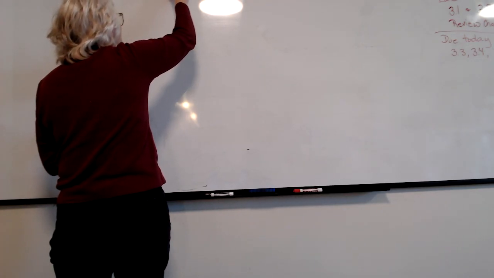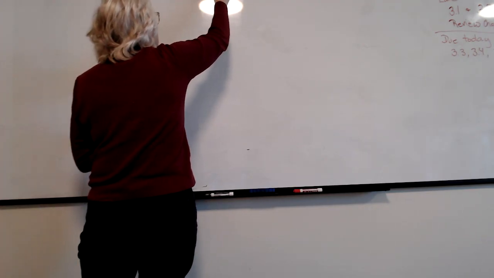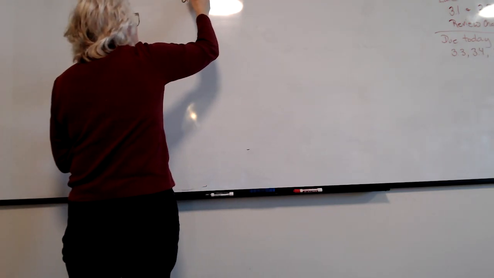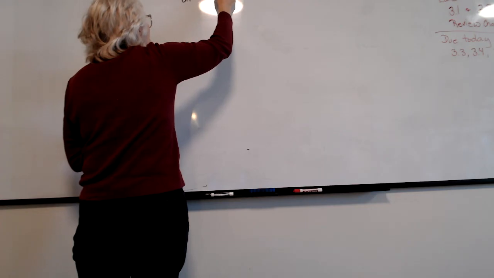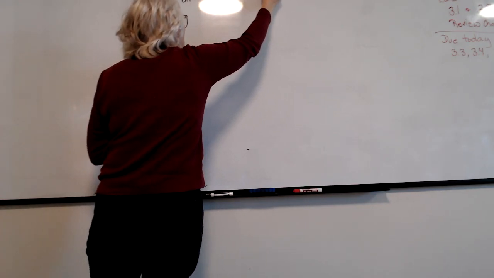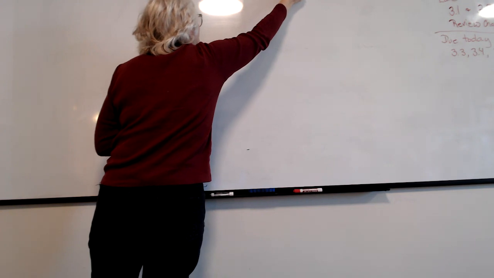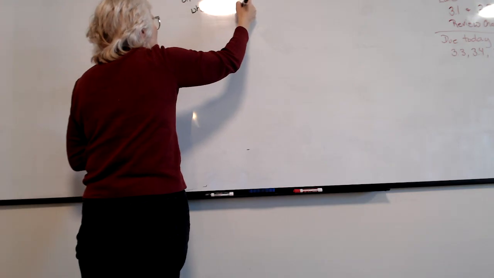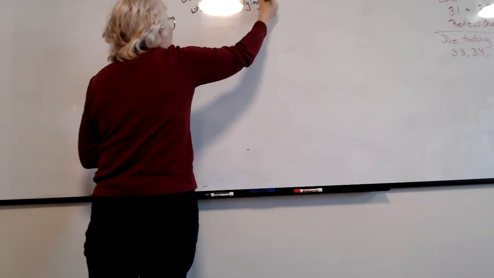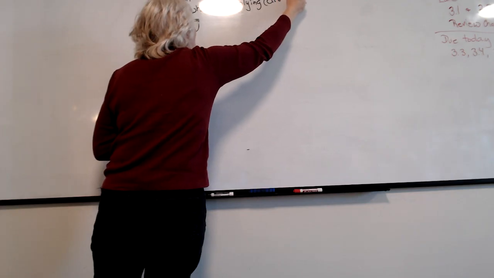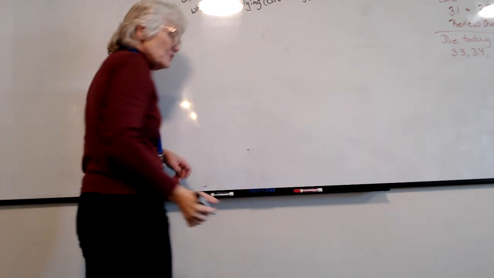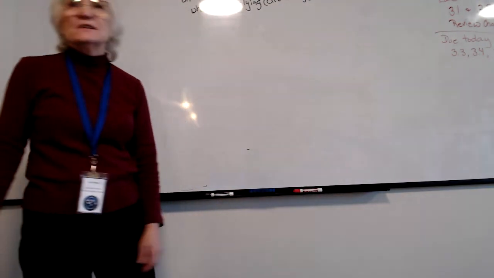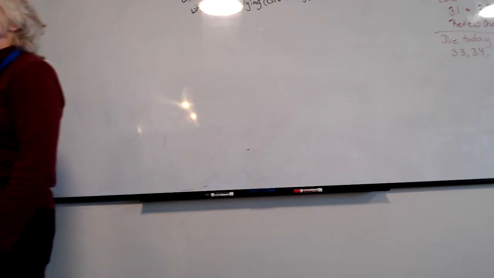So how are inequalities different than equations when multiplying or dividing? I'll just tell you, they're the same in everything except for this area.